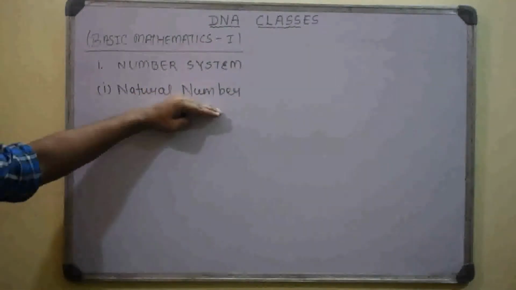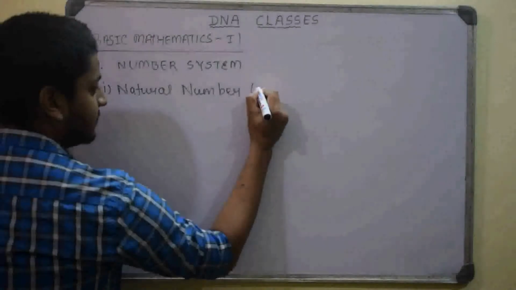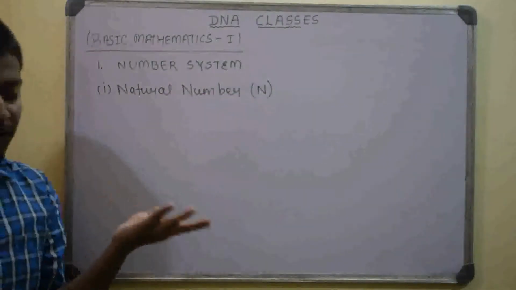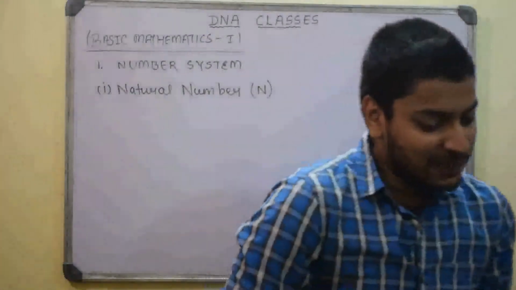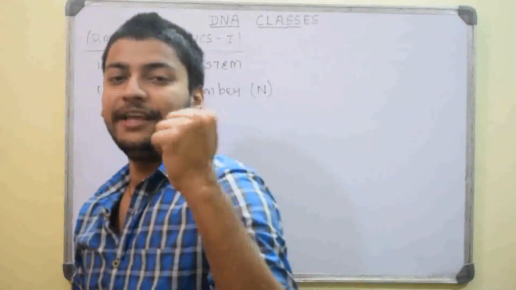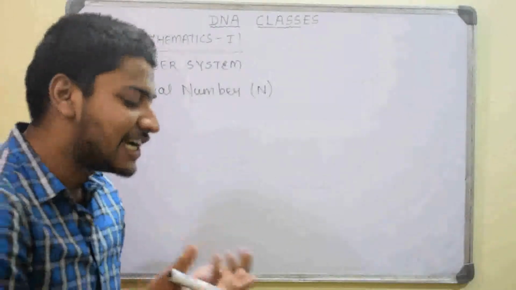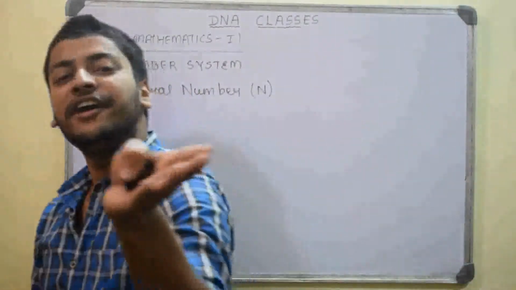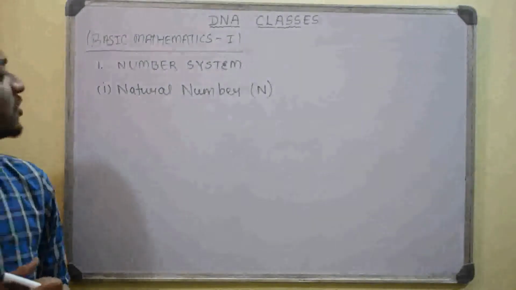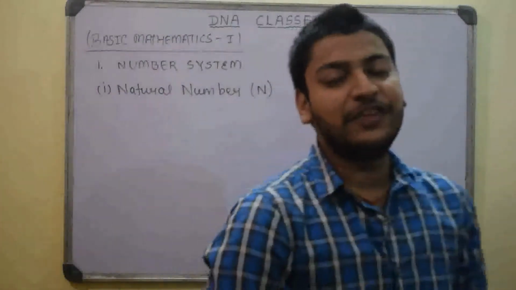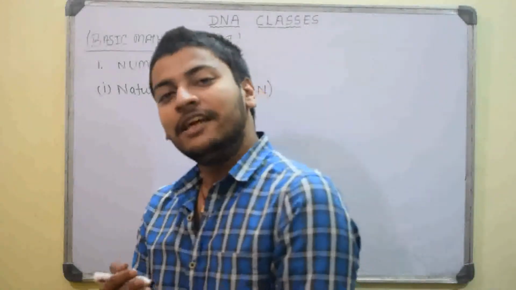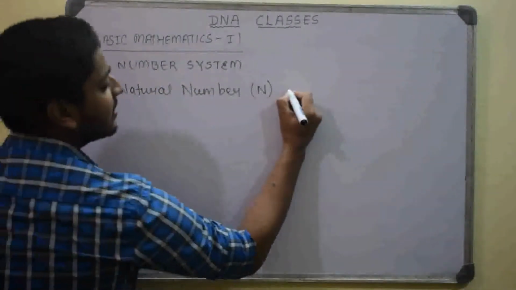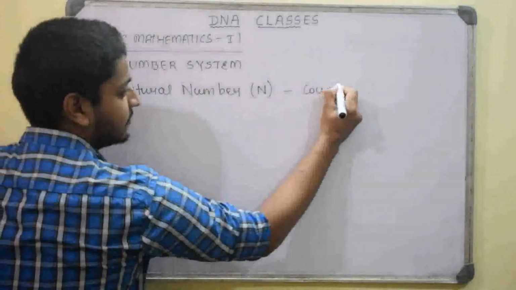Natural number is denoted by N. And then what is natural number? Suppose if someone asks you to start counting the number, we start with 1, 2, 3, 4 and go up to infinity. So natural number starts with 1, 2, 3, means natural numbers are the counting numbers.